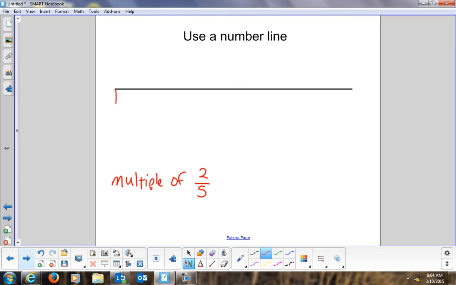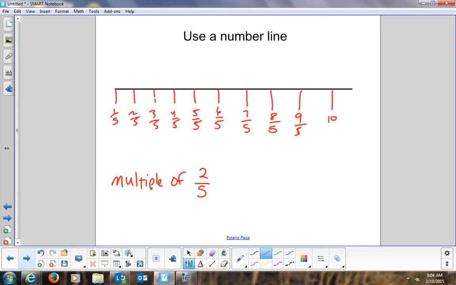So let's say this is 1/5, 2/5, 3/5, 4/5, and so on and so forth. Okay, we'll stop right there. All right, so I'm just going to jump. How many fifths? I'm going to jump 2 of them.